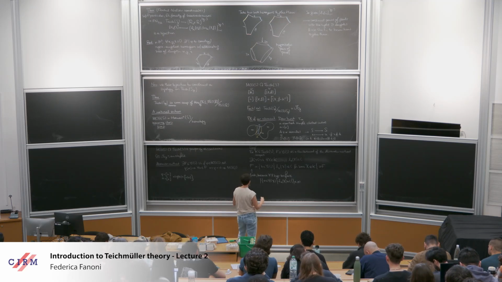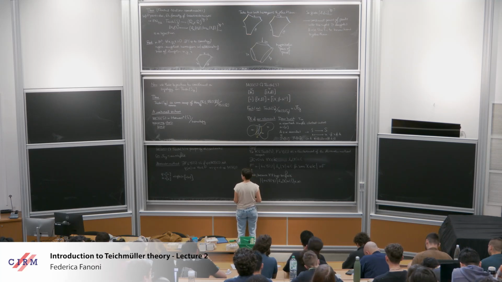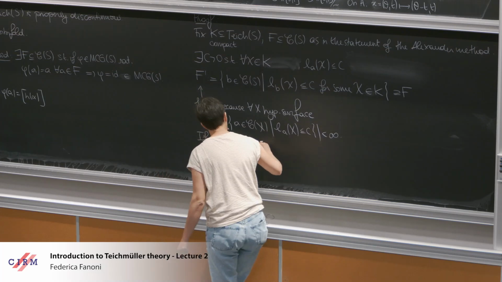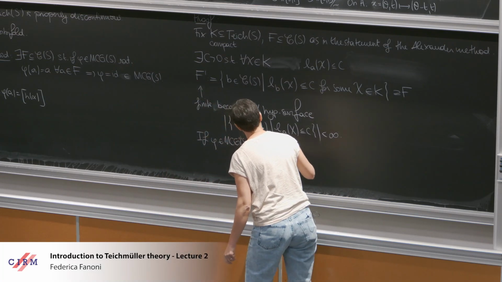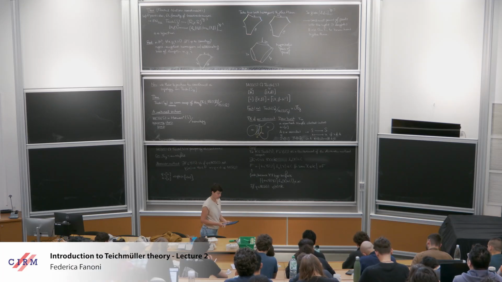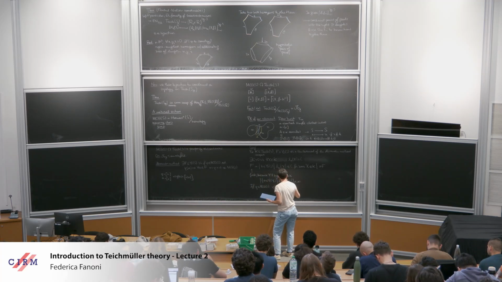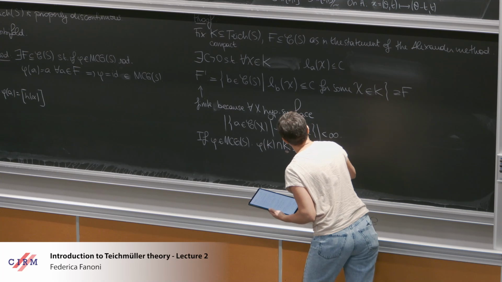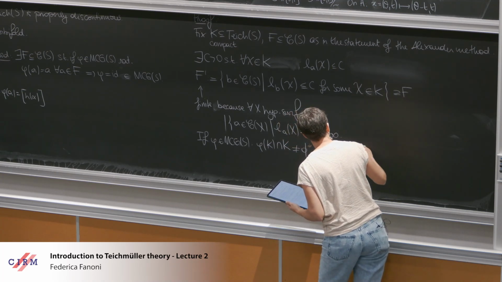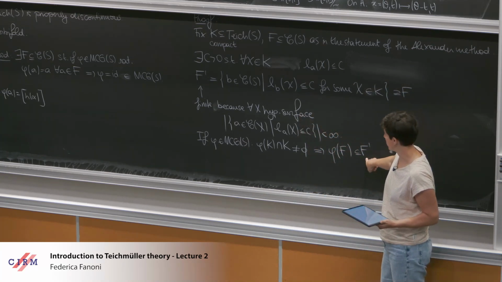Okay, and now if you take a phi in the mapping class group such that phi of K intersects K, so we need to show that this collection of phi is finite. That's the proper discontinuity. This is non-empty. Then what you can show is that this collection of curves is sent into this one.